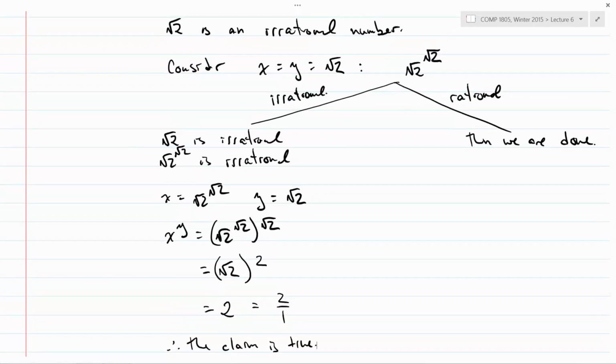So in either case, I found x and y such that x and y are irrational and x to the y is rational. I don't know what case is true, but I do know that exactly one of them is true. So this is non-constructive because you don't know what x and y are.